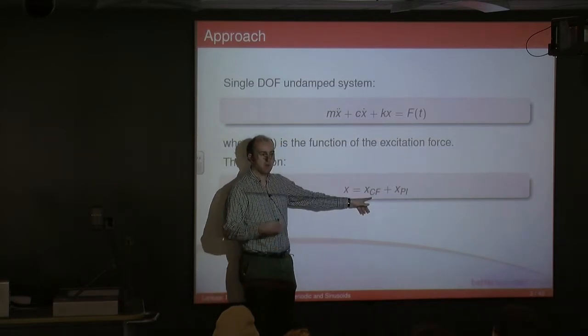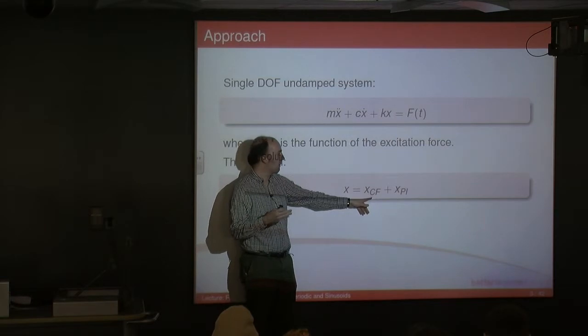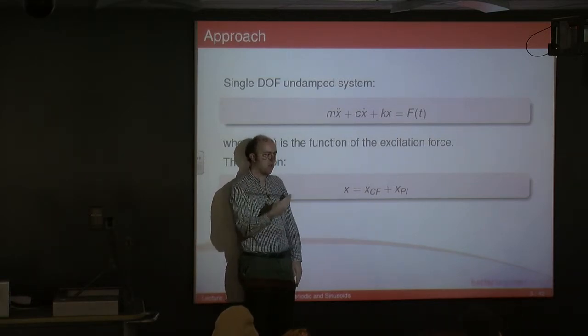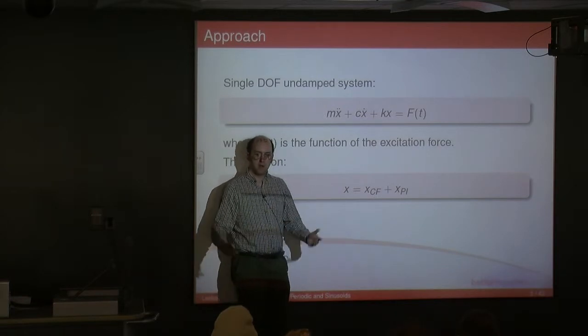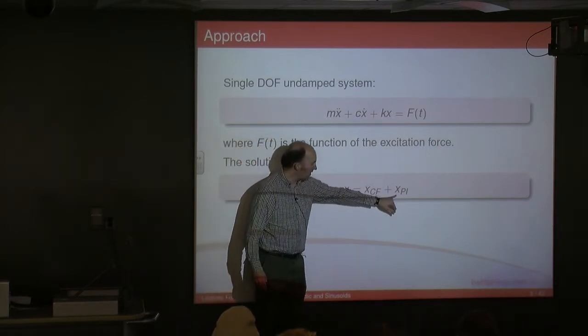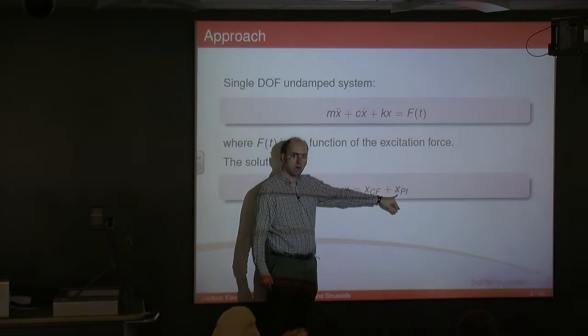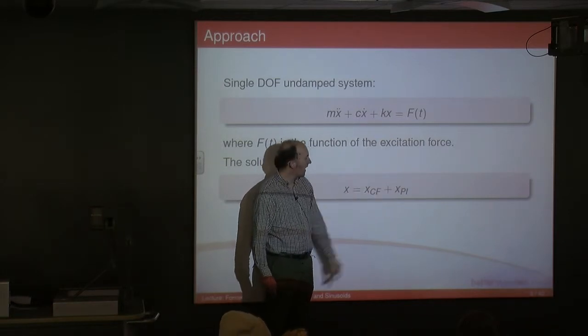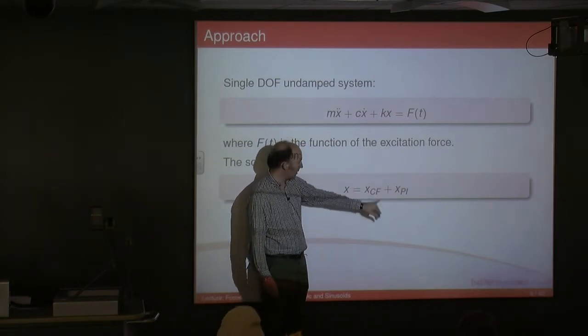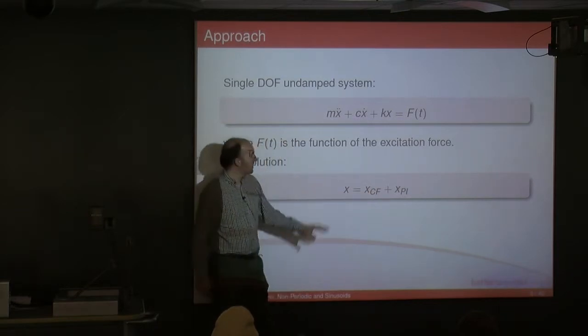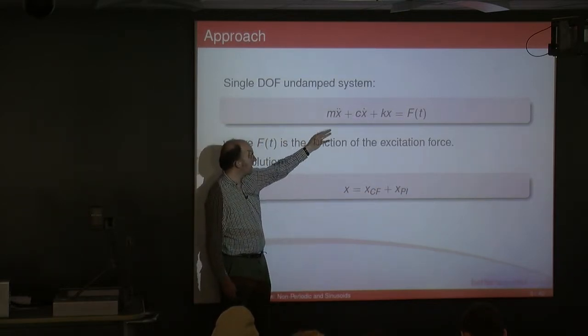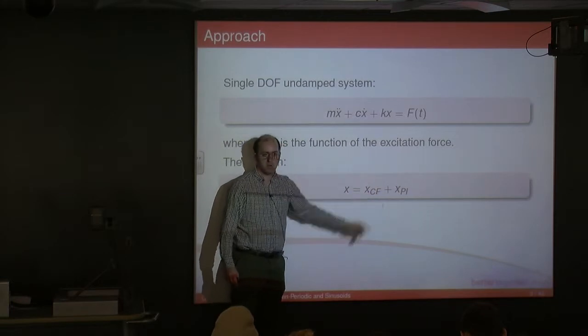As you know, a free response with damping will oscillate, and then the oscillation will die out to nothing. Whereas xpi will be left with you, because that's the part due to the force being applied. But in an undamped system, xcf will remain with you as well.